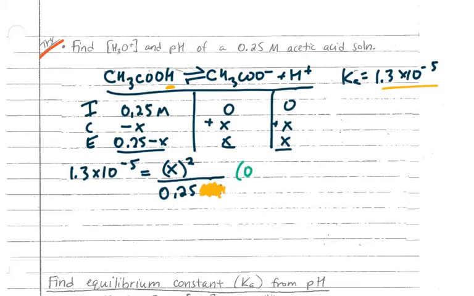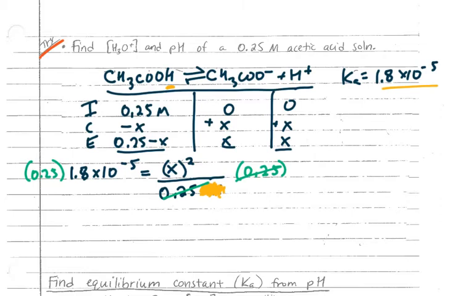So multiply both sides by 0.25. And I get, I've got to correct myself. This is 1.8. I misread, a typo in my notes. 1.8 times 10 to the negative fifth. All right, now we can do the math correctly.